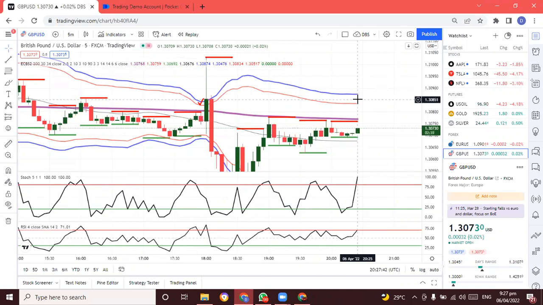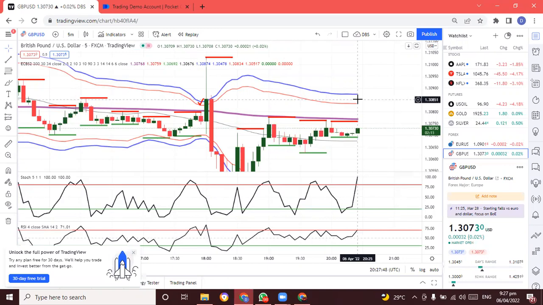For us to sell, three red confirmations, pardon me. So what are the three red if you want to sell? That means this price that is moving up here, if it gets to this red line and stochastic has gotten to red already, RSI has gotten to red already, what do we do? We sell.